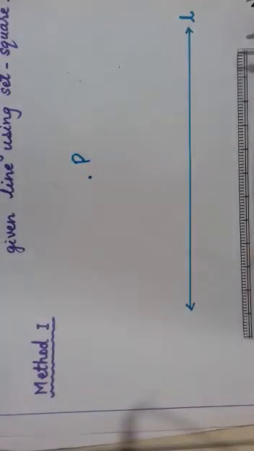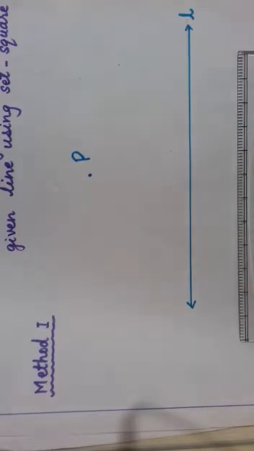I have taken a point P outside the line, and now you will take your two set squares like this. The upper one you will keep like this, and the below one, the next part.